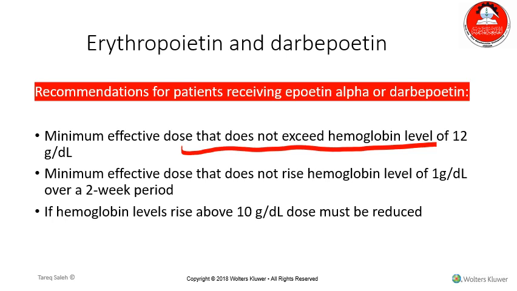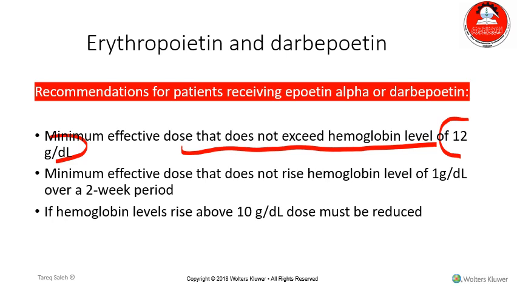And the reason behind that is that serious cardiovascular events such as thrombosis and severe hypertension, increased risk of death, shortened time to tumor progression in case the patient had cancer, and decreased survival have all been observed if the treatment with erythropoietin was too fast and elevated hemoglobin levels more than 12 grams per deciliter.